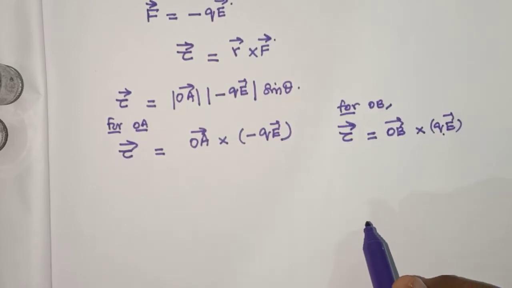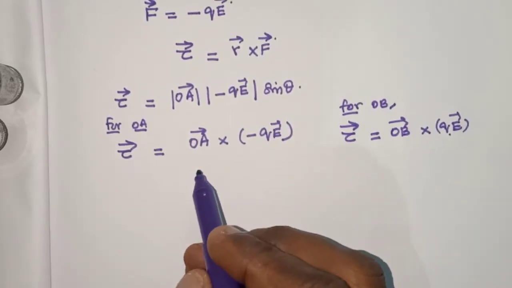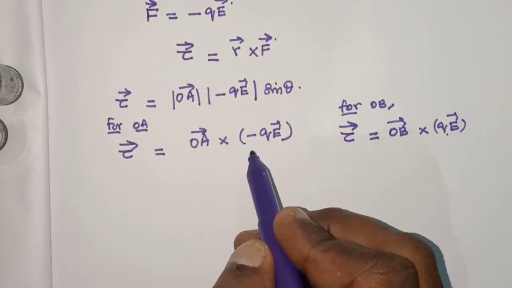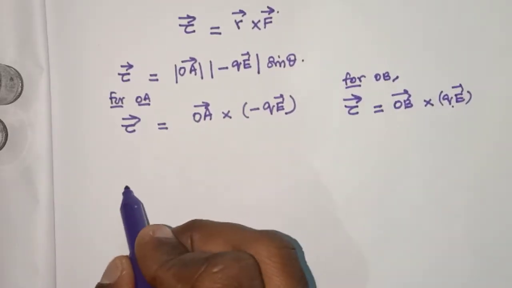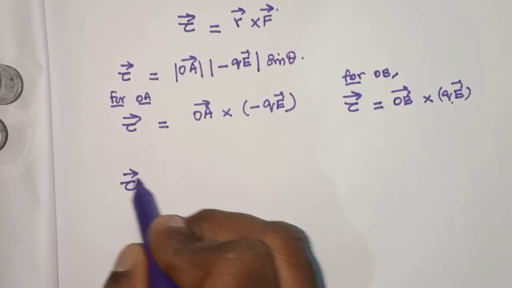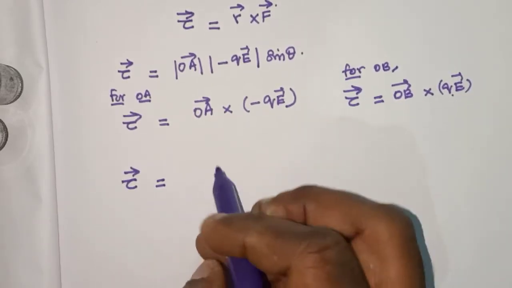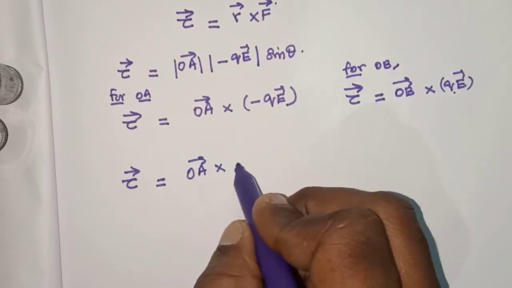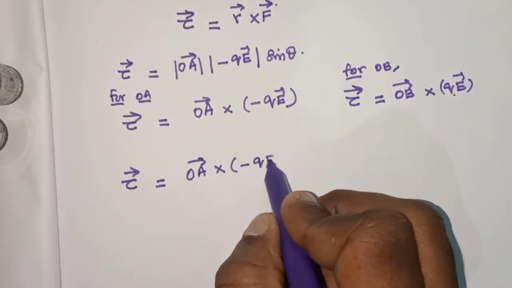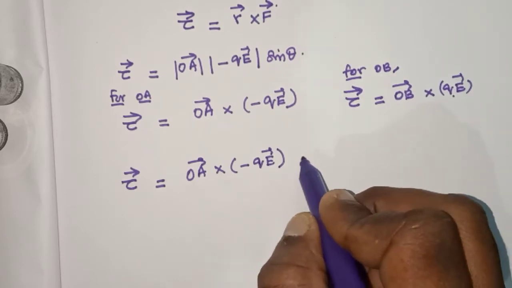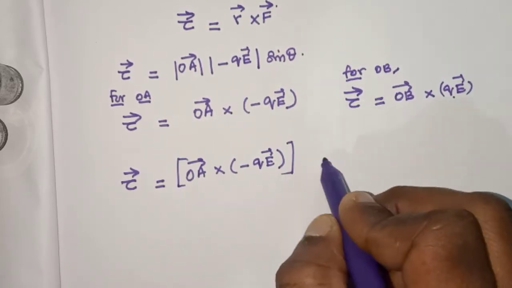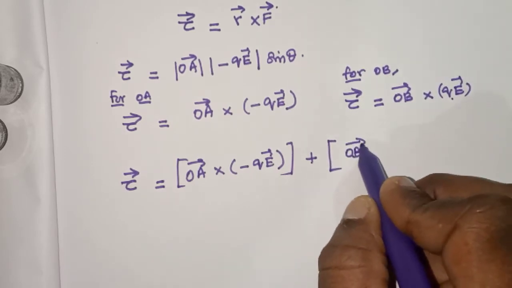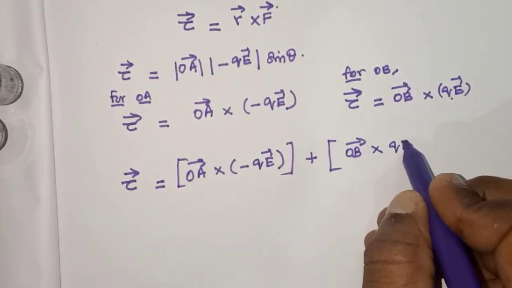Similarly, by the vector cross product, I am adding these torques: OA vector cross minus QE vector plus OB vector cross QE vector.